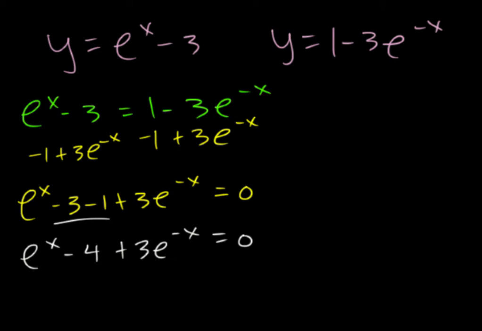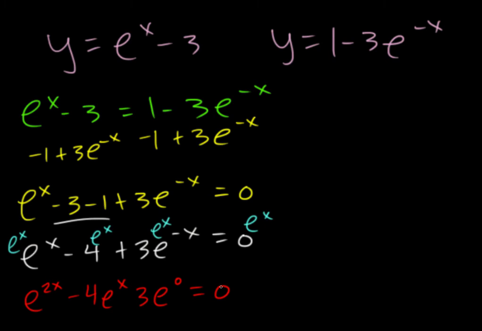And what I'm going to do is multiply everything by e to the x. The reason I'm doing that is because I want this to be e to the 2x, and I'll explain why. Now e to the x times e to the negative x is going to be e to the 0, which is just a 1.